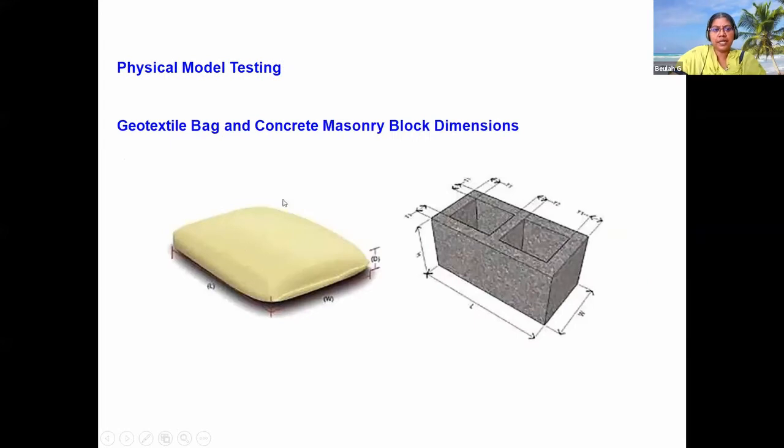So these are some of the examples, and we use geotextile bags for the concrete masonry blocks also. This is a very good example of geotextile bags, which are used not only in riverbanks or shoreline structures.